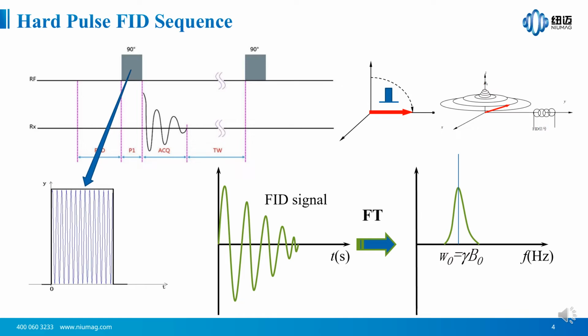This corresponds to the time the pulse is applied, the time the signal is collected, and the waiting time. This waiting time is the interval between the application of the first 90-degree pulse and that of the next 90-degree pulse. So let's look at the diagram.